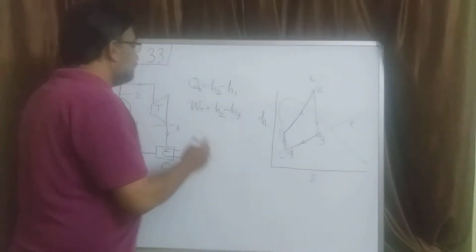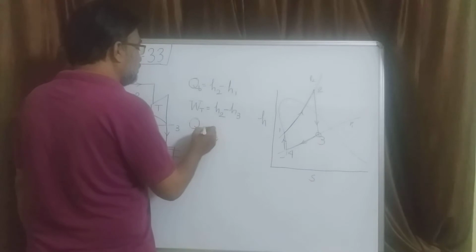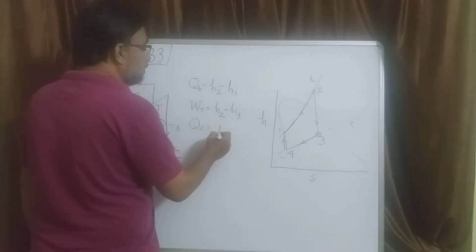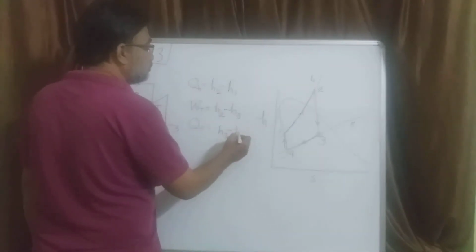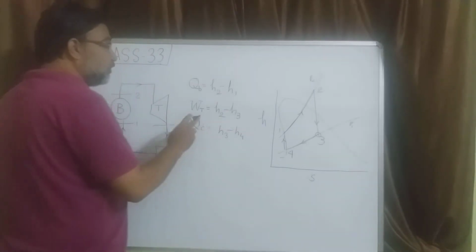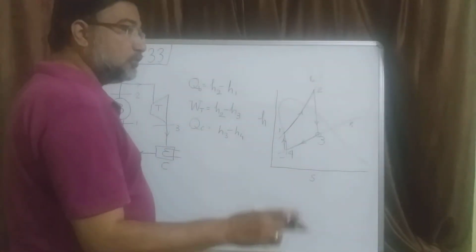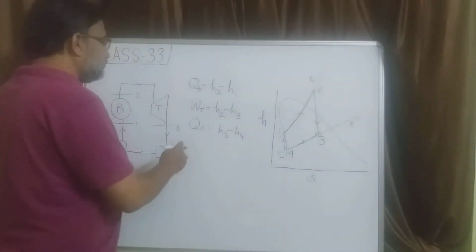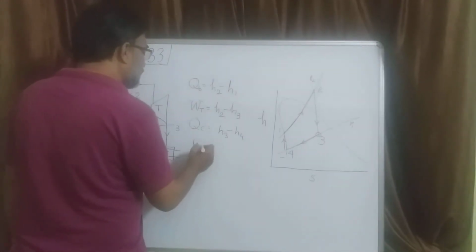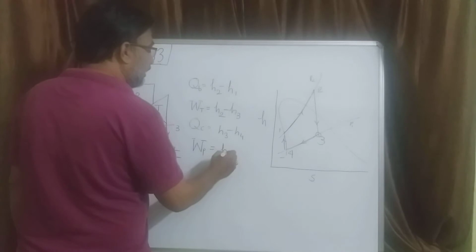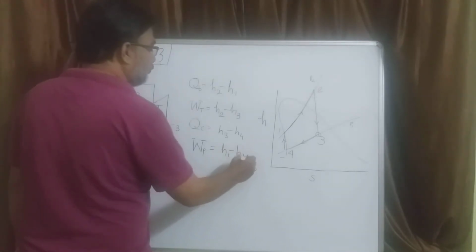So heat lost in the condenser QC is H3 minus H4. It is the heat lost by the steam in the condenser. Similarly, the work that is given as input in the pump is H1 minus H4.